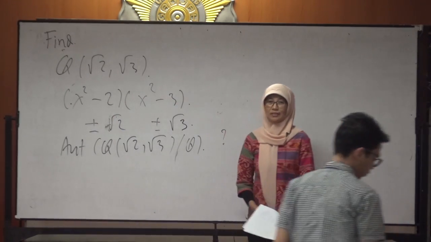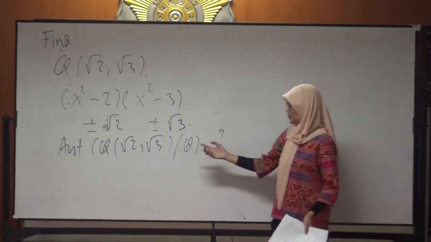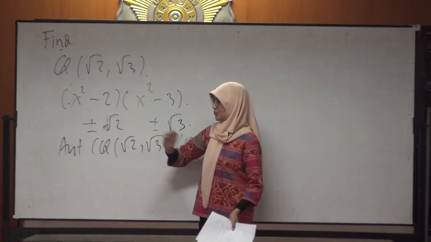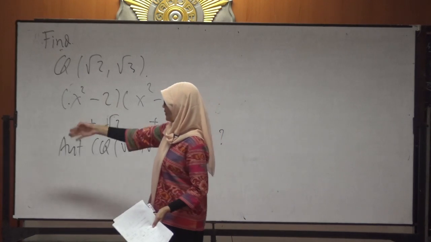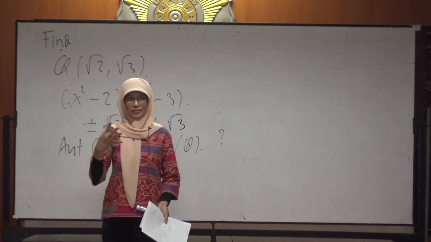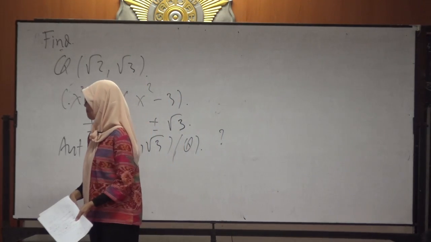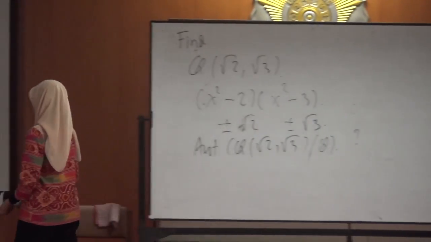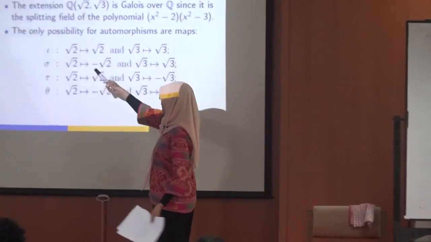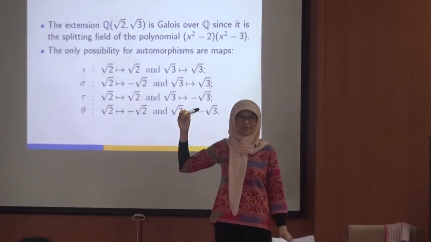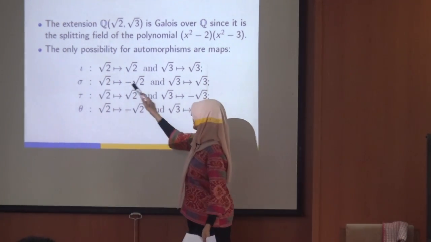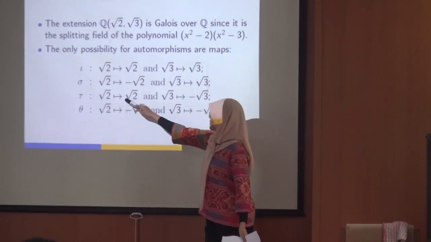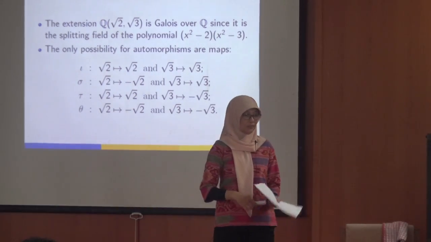According to the proposition, the image of a root should also be a root. So we have the list here of possibilities. The first one sends each root to itself, and the others change the sign, from positive to negative, and so on. We have 4 possibilities.